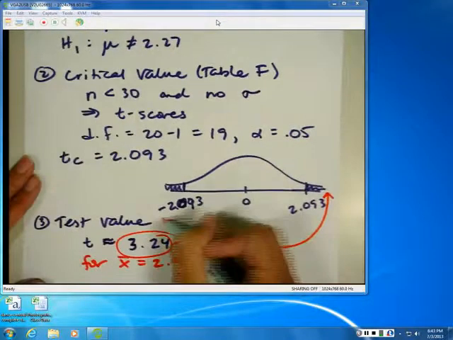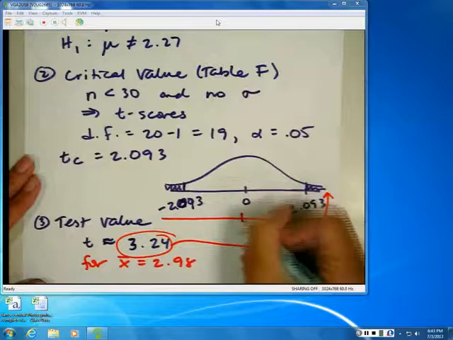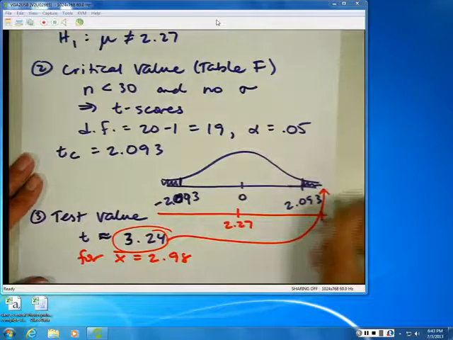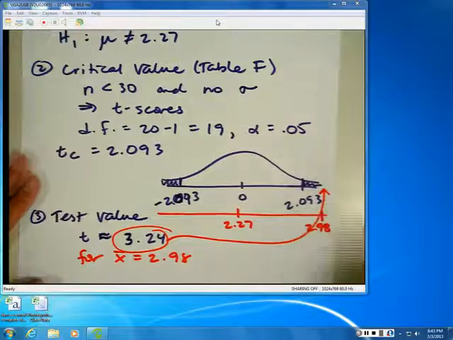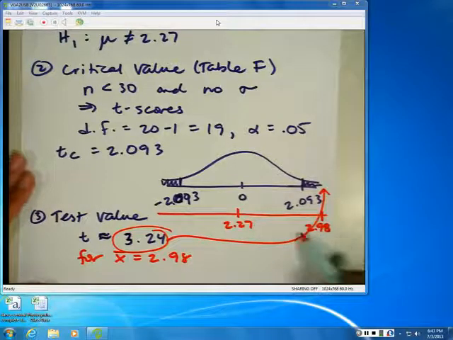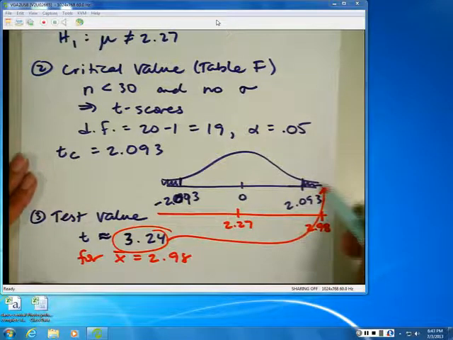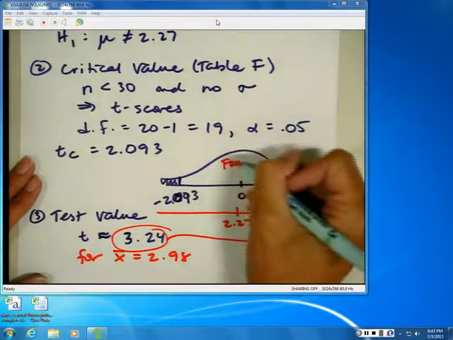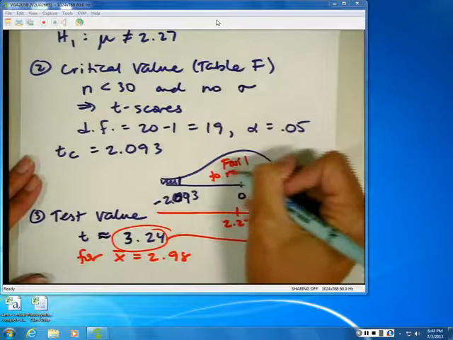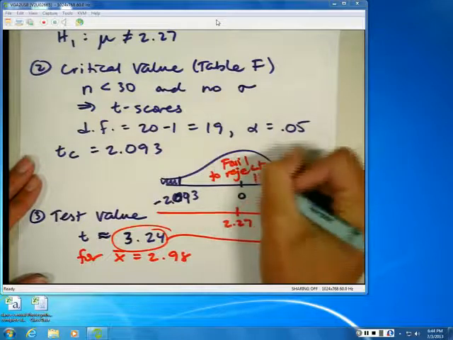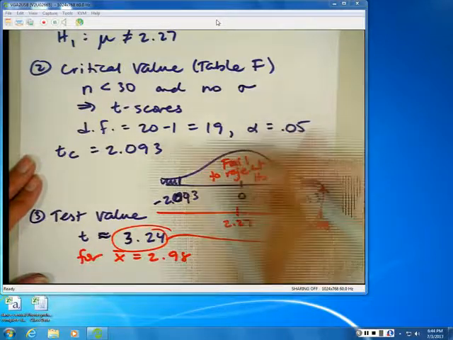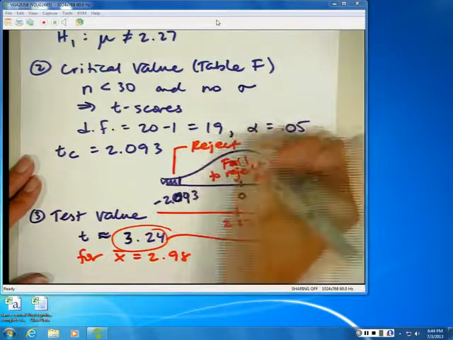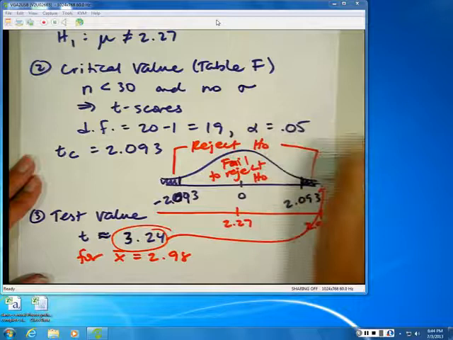This is 0 right here, so if I put everything else here, was 2.27. We found the average of 2.98 for the cell phone length of our sample to be significantly more. This is fail to reject. Fail to reject the null hypothesis. And both of these are reject. So either tail, reject the null hypothesis.